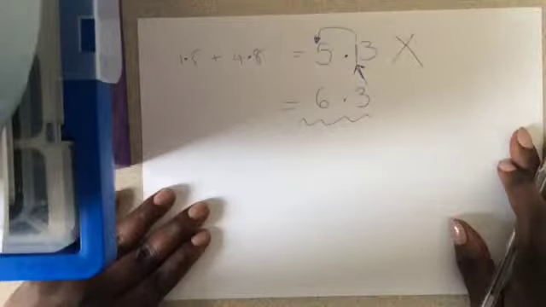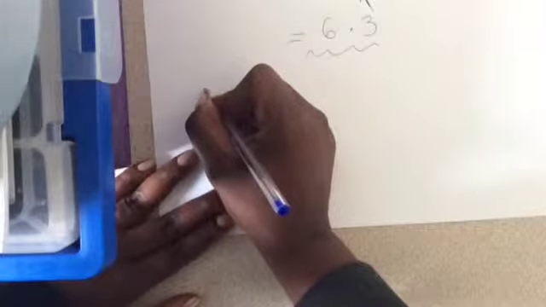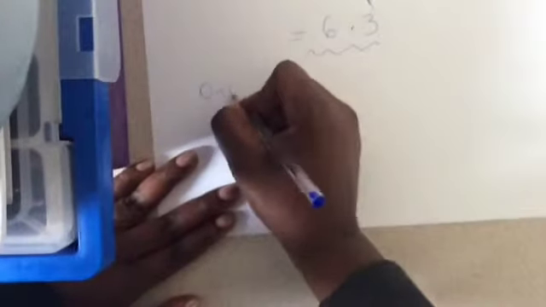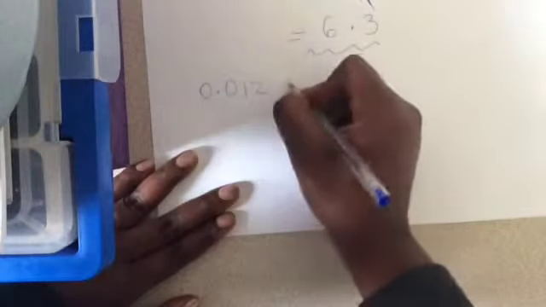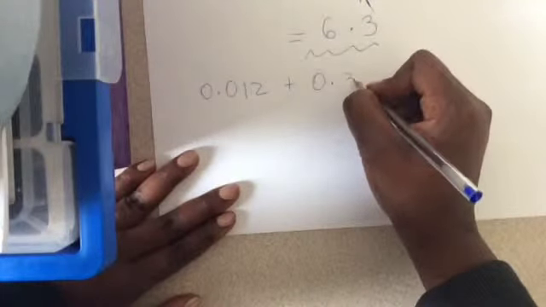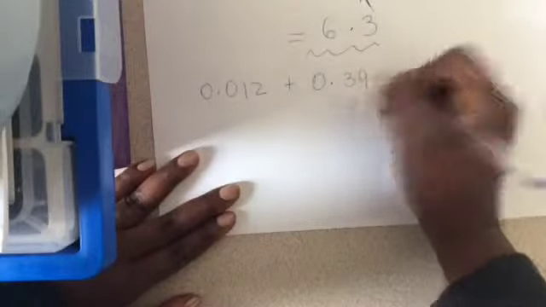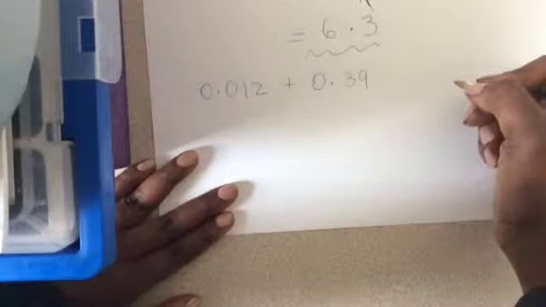Now, let's do another example with perhaps slightly harder decimals. So I'll try to come up with a longer one. So we're going to have 0.012 plus 0.39. Yes, let's do that one.